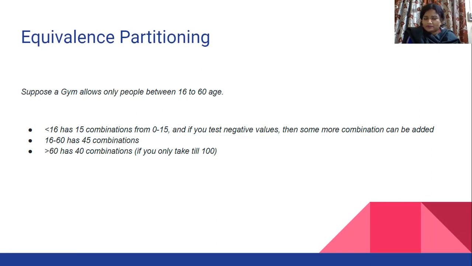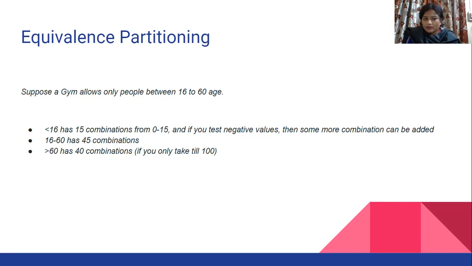That is, by making the valid and invalid partitions of the input value, we can achieve better test coverage with less number of test cases. So here I will be dividing it into 3 partitions.